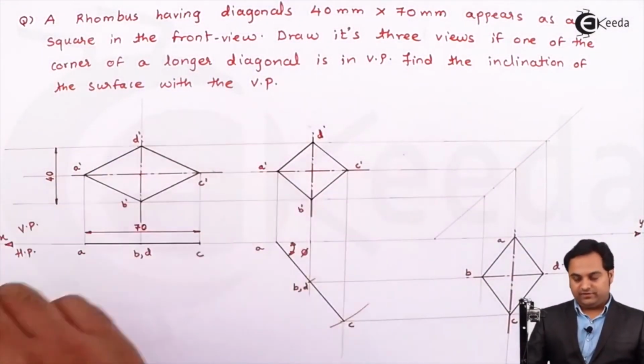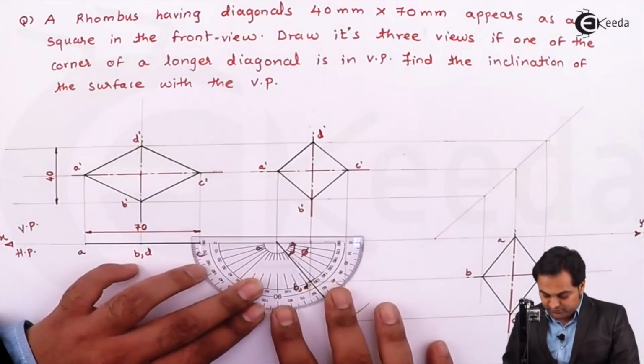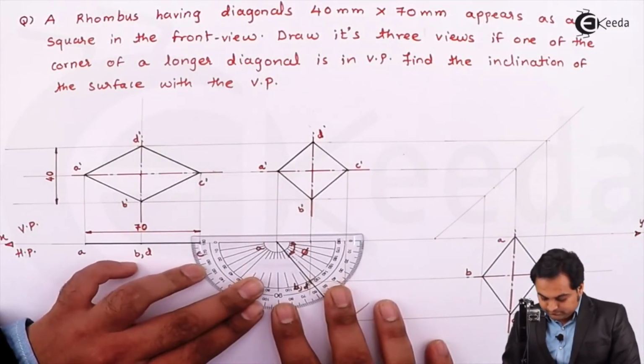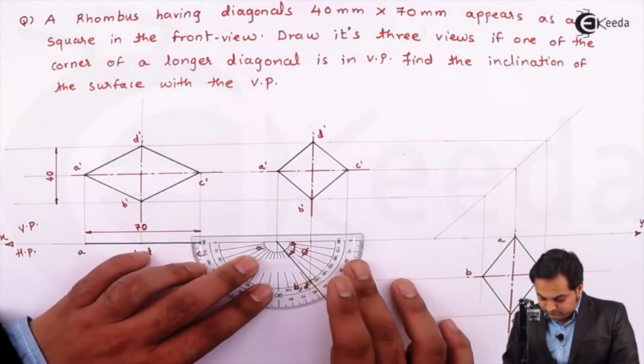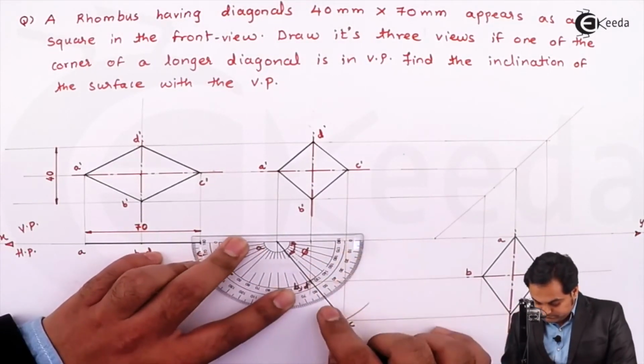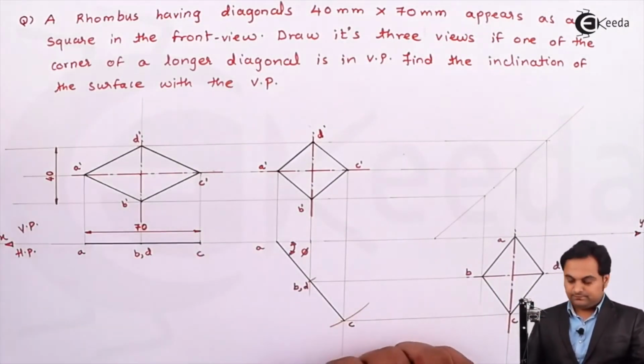Find the inclination of the surface with VP, so it is seen in HP. Now this inclination is 57 degrees.